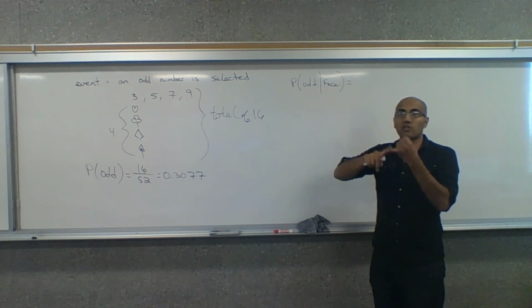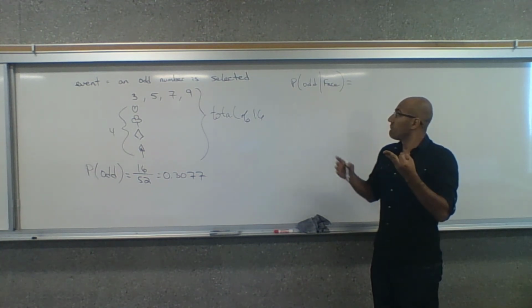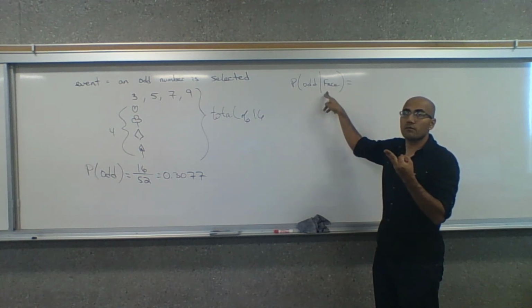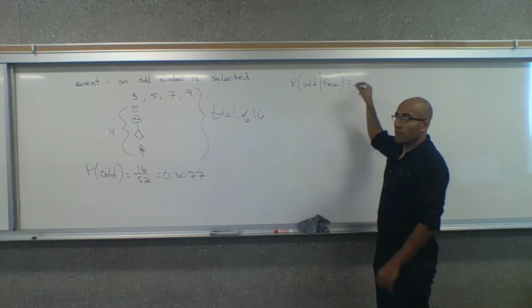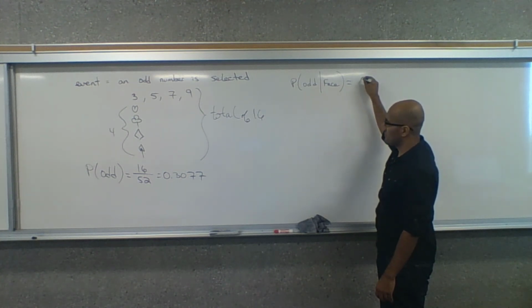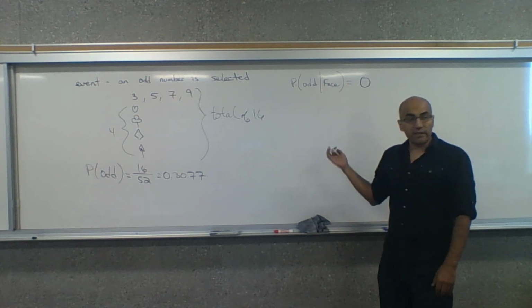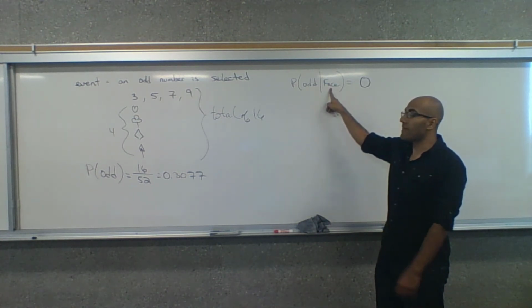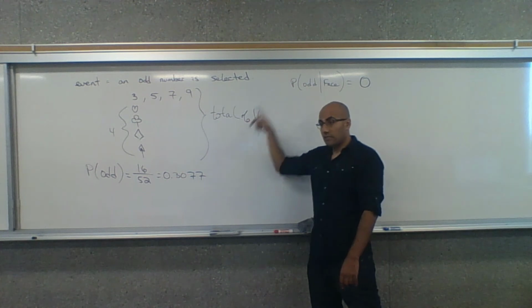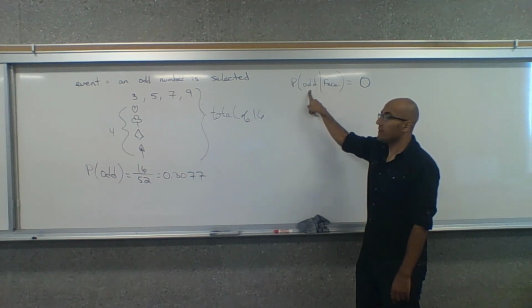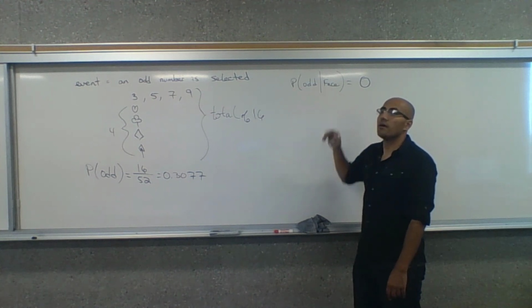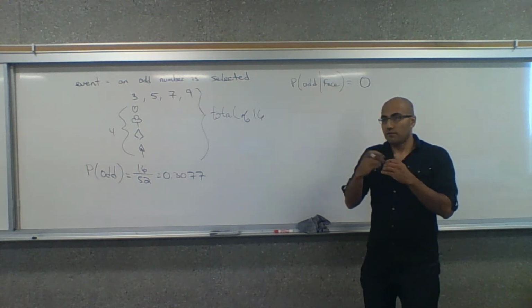What are face cards? Jacks, queens, kings, right? So how can I get an odd number? The probability of winning now is 0. Did this new information affect me? It did affect me. So these two events, odd and face card, are definitely dependent.